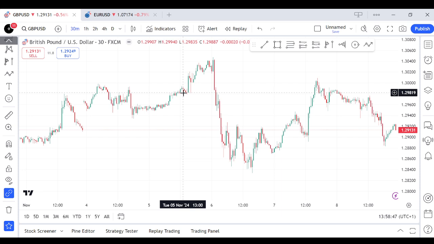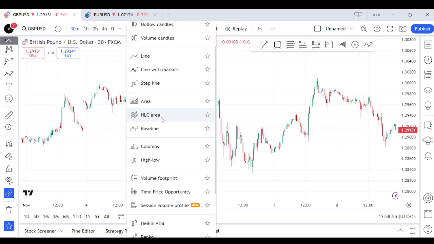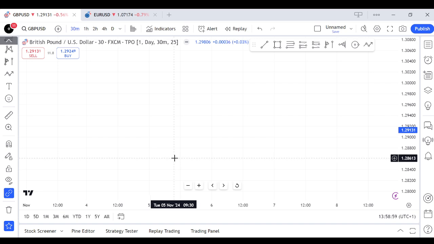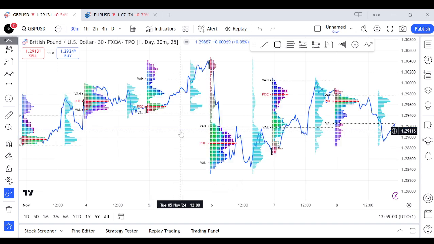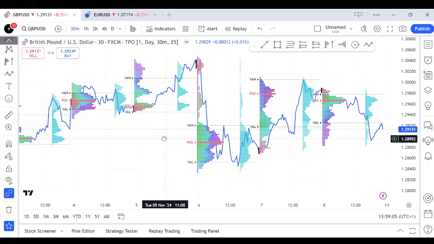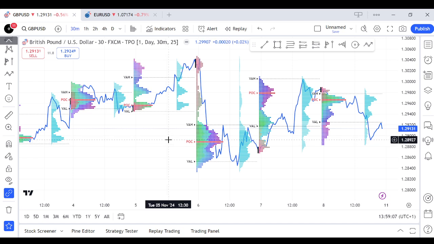So I'm going to talk about the key components of market profile, and the first is the time price opportunity. Let me just add the time price opportunity. This is the number one key component of the market profile.